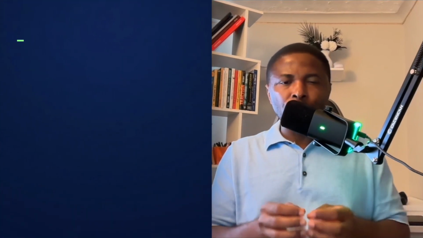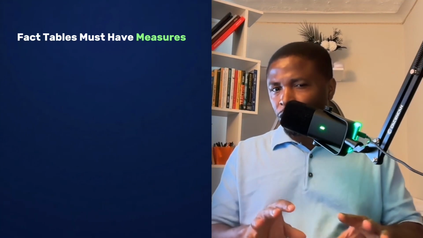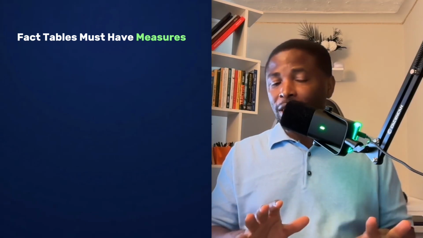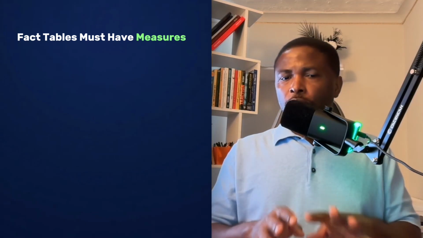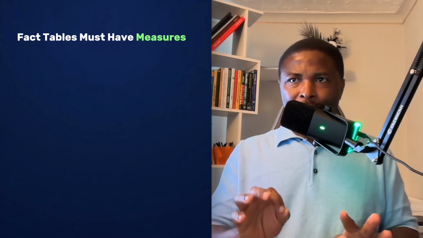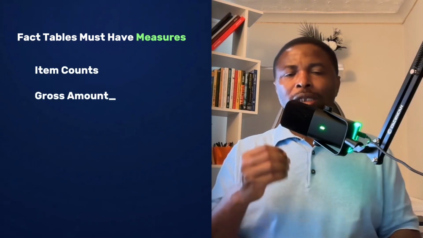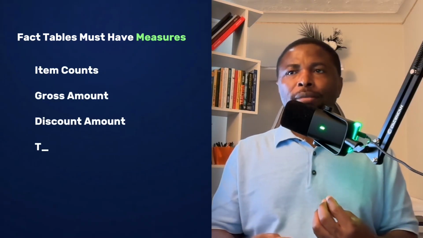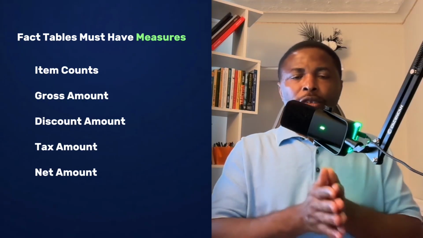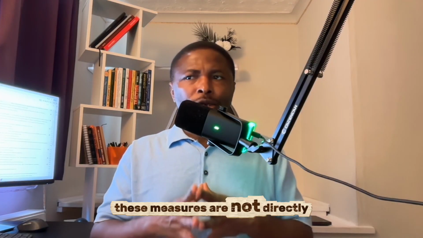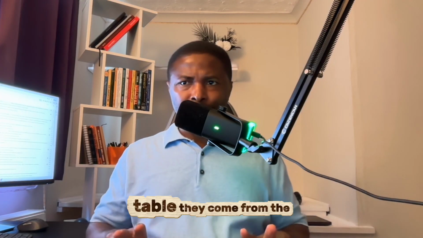But a fact table usually will need measures because there is really no fact table without measures. So for this, we will need the item count, the gross amount, discount amount, tax amount, net amount, and the total amount. And just like in most transactional databases, these measures are not directly stored in the orders table.